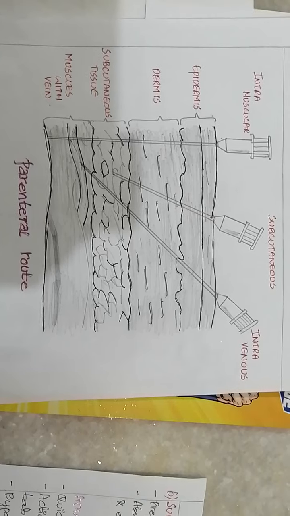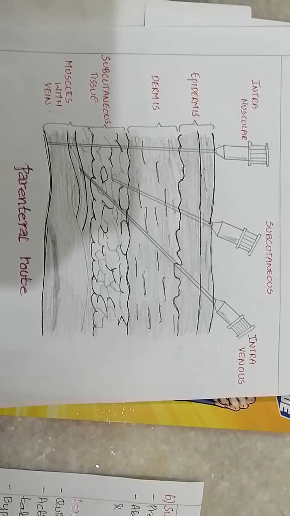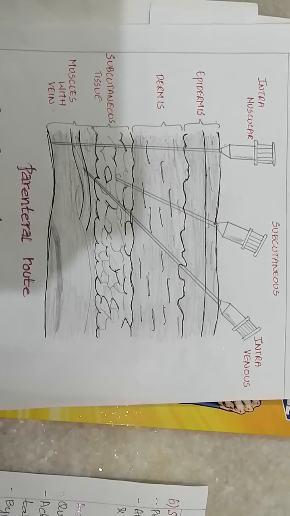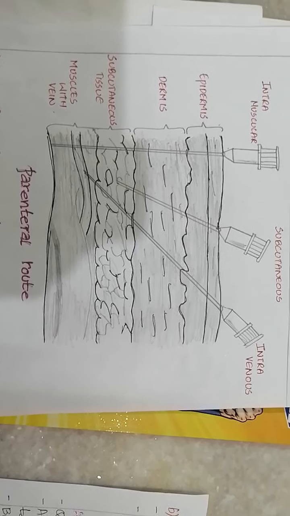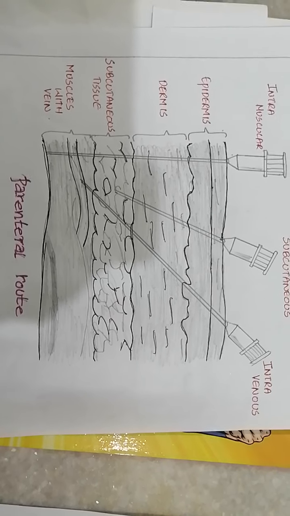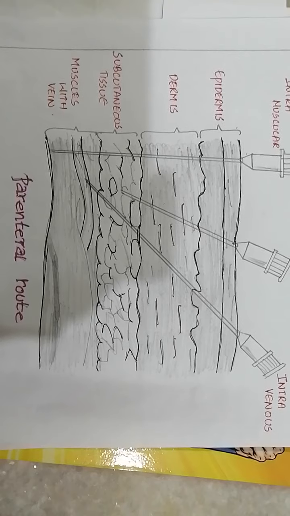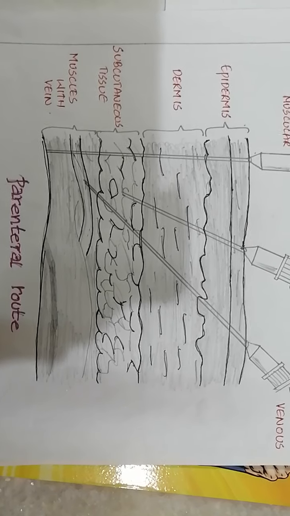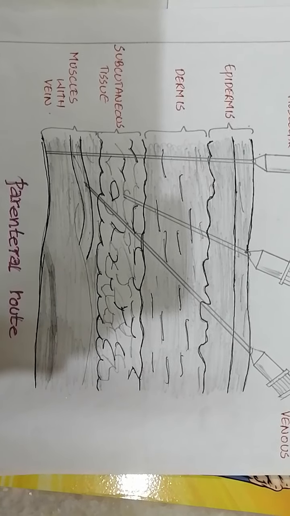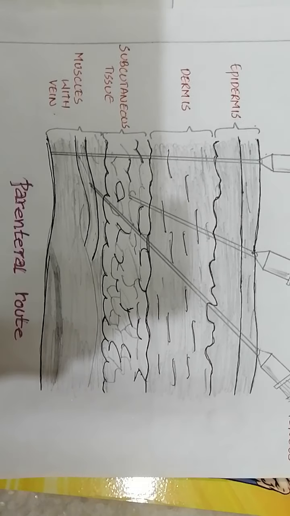Here I am explaining through a diagram of the skin, differentiating its layers. The top layer is the epidermis, then the dermis, then the subcutaneous tissue. Below the subcutaneous tissue, we have muscles with veins.